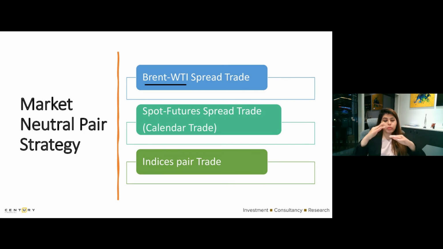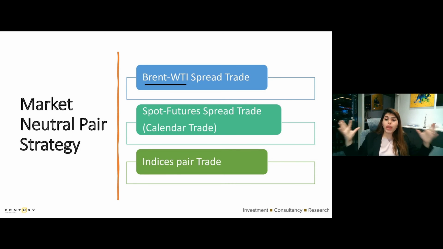Whenever we see this price gap fall down to, say, 1 or 2, that means Brent is now trading at, say, 100 and WTI is trading at 99. And generally, Brent trades at a $5 premium. So, when this gap has come down to just $1, it gives us a trading opportunity, because you're expecting Brent prices to go up much more than WTI, or you're expecting Brent prices to fall much less than WTI.